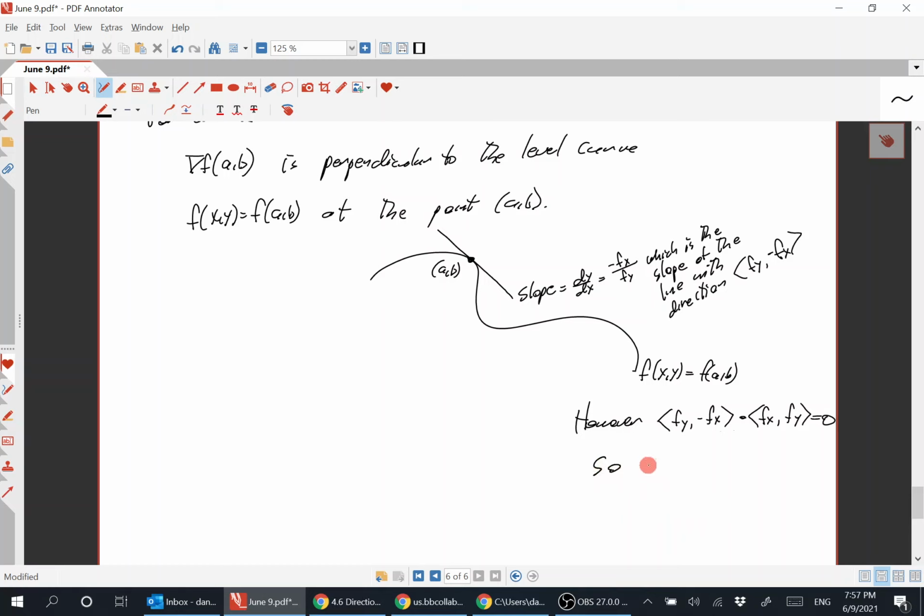So the gradient of f, which is this, is perpendicular to the tangent line. Right? The tangent line has that slope, and it's perpendicular to this, which is the gradient.